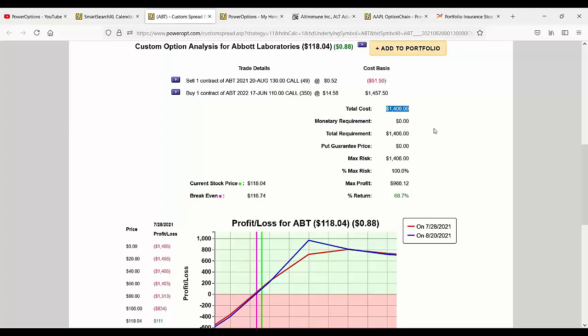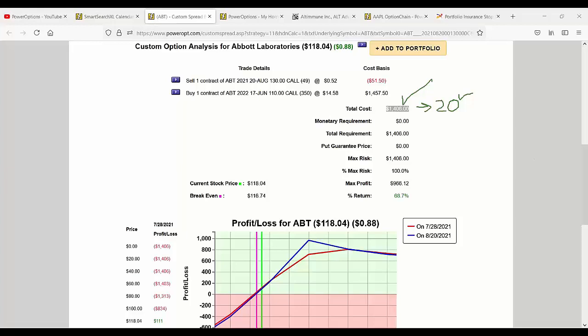So my total net debit is $1,406. That's what I'm paying out of pocket to enter into this spread. We have a 20-point difference in the strike prices, so my net debit is less than my difference in strikes.